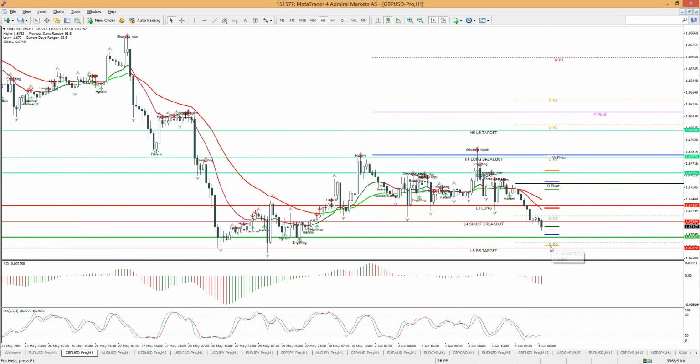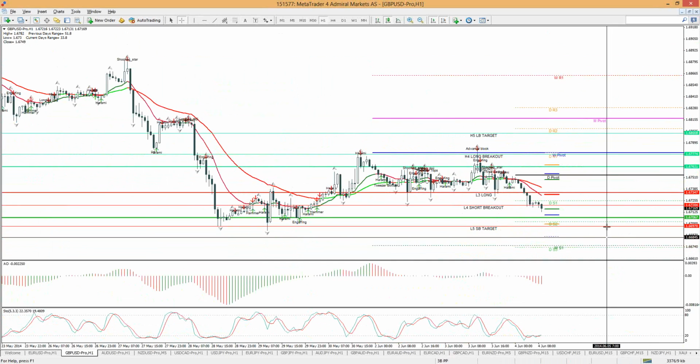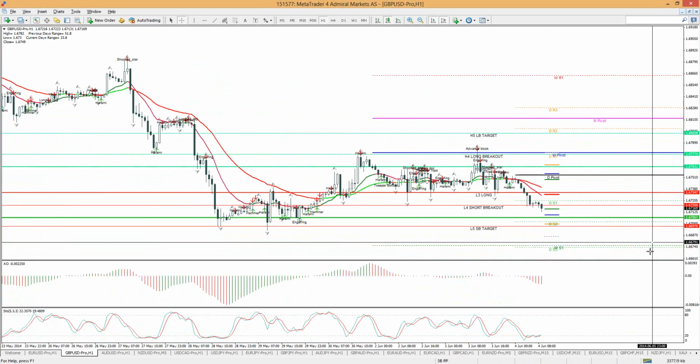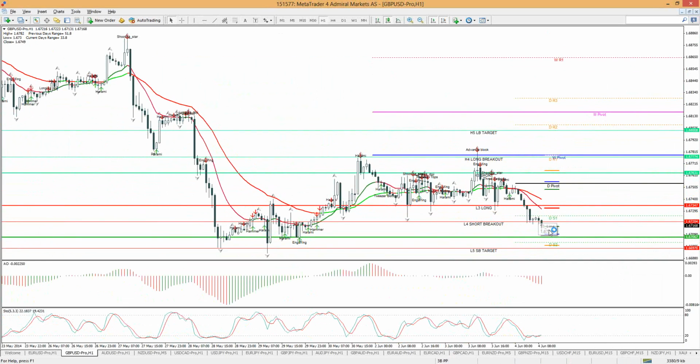L4 has been broken, which means we have some good downside expectations. The ATR is showing a projection low here of 166.86. So we've got plenty of space, I would say, for further falls. All the pivot points are behind us or above us, so that's looking pretty good.